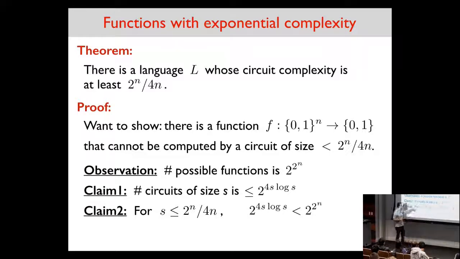So what does this say? If the size s is less than 2 to the n over 4n, then the number of possible circuits of that size is strictly less than the number of possible Boolean functions. But each circuit computes 1 Boolean function. So there must be some function that cannot be computed using at most that size.